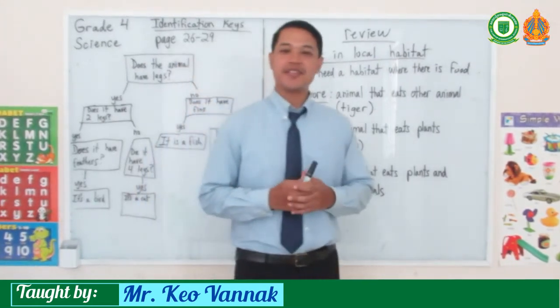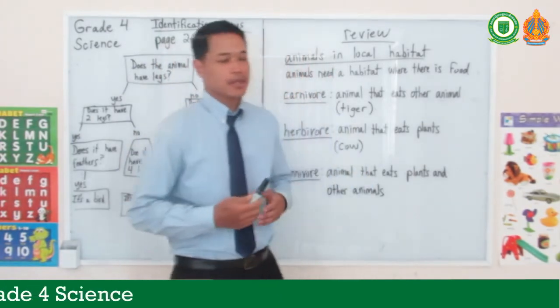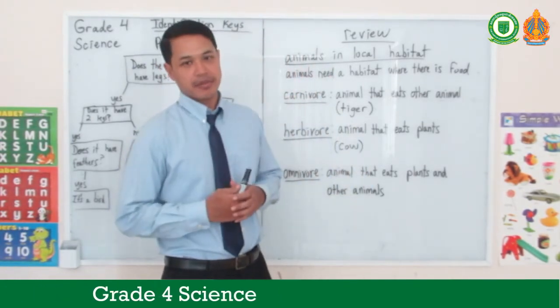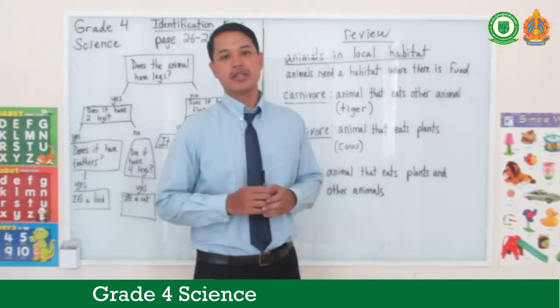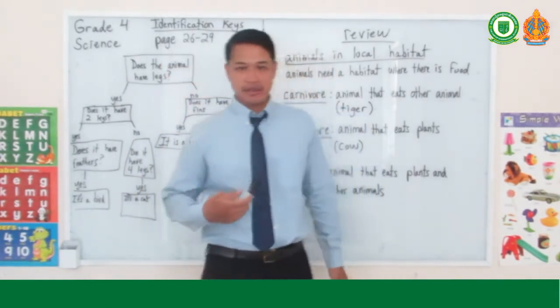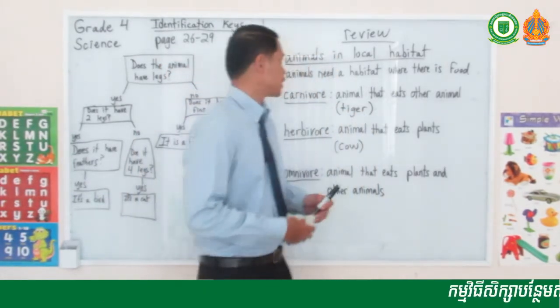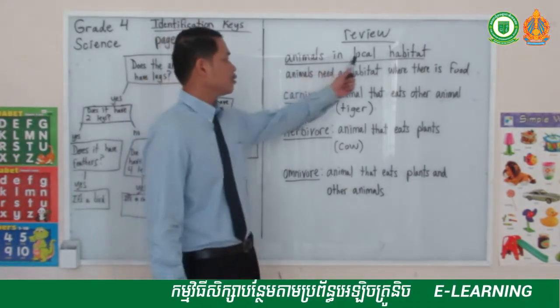Okay, so we have some lessons for today, but before we begin our new lesson, I would like to review the old lesson. The old lesson was about animals and local habitat.